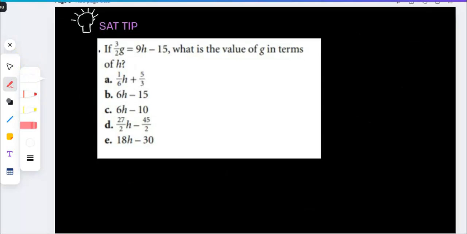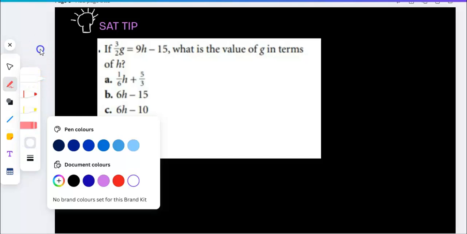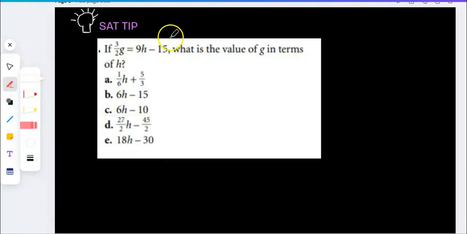A small tip: you can work out this question with respect to SAT in a very easy way as well. If I plug in h equals 0 into this equation, I would be getting 3 over 2 g equals negative 15, which gives me g is equal to negative 15 times 2 over 3.